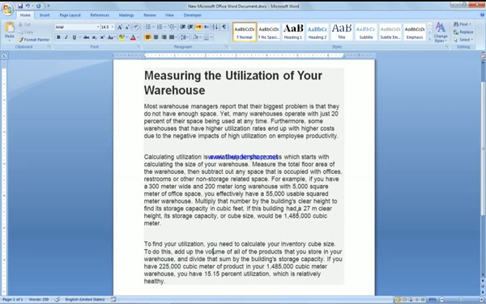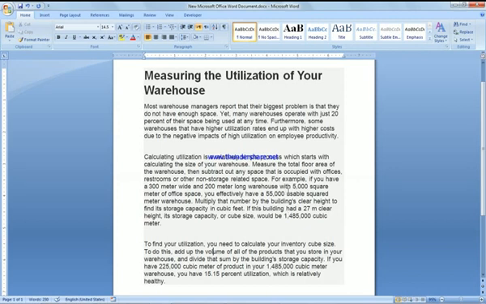So all I have to do is multiply the length times the width times the height in order to calculate the total inventory cube size, how much you've got in this factory. This number is 1,485. We put it on the side, and then we calculate all the storage capacity.